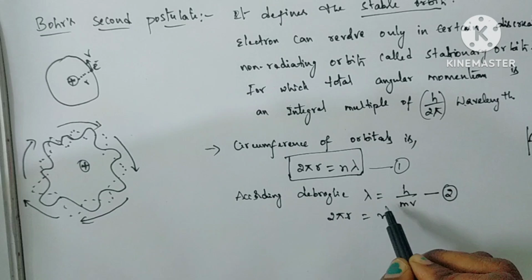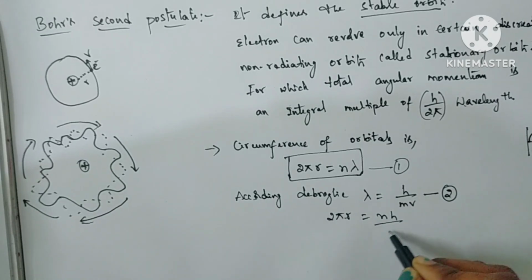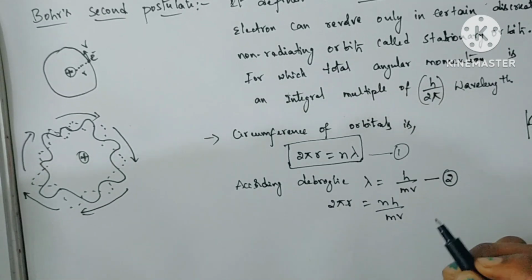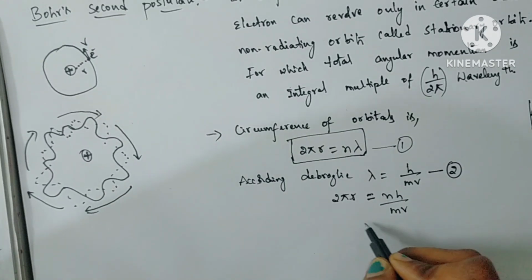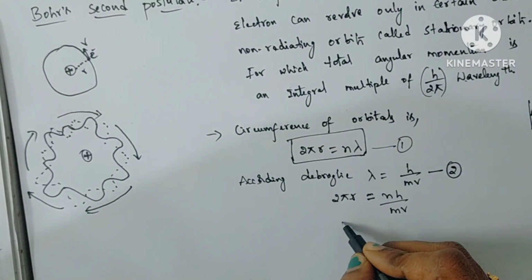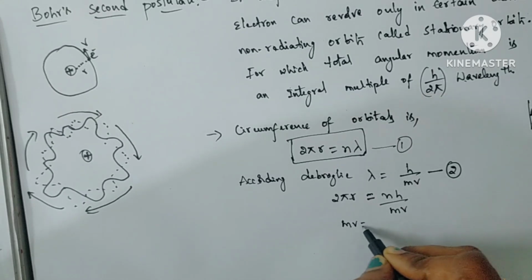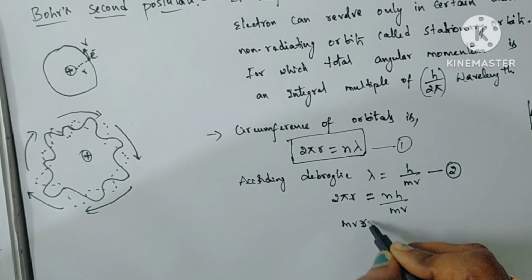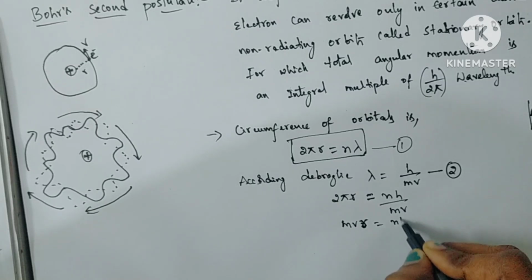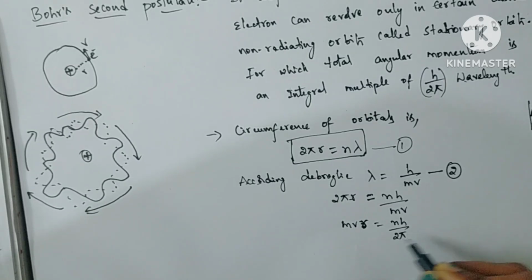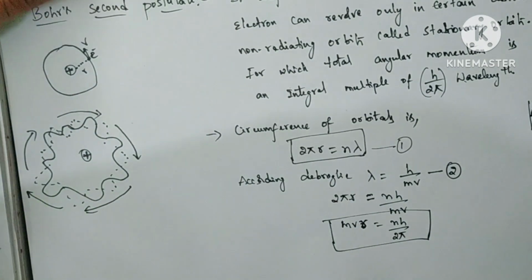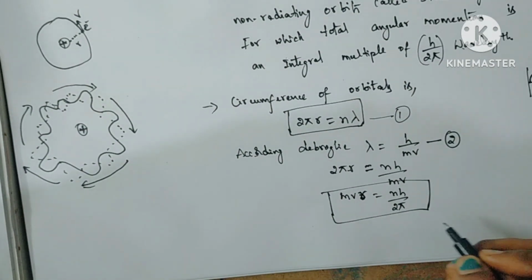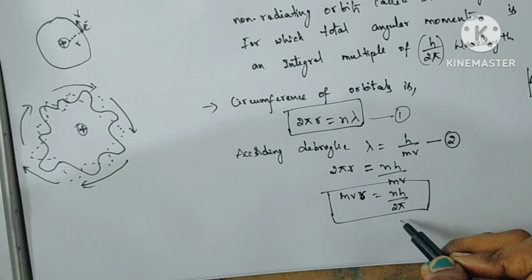In the place of lambda we can write h by mv. Here I am taking mv to this side, so mvr is equal to nh by 2 pi. Is it clear? This is the angular momentum, nh by 2 pi.